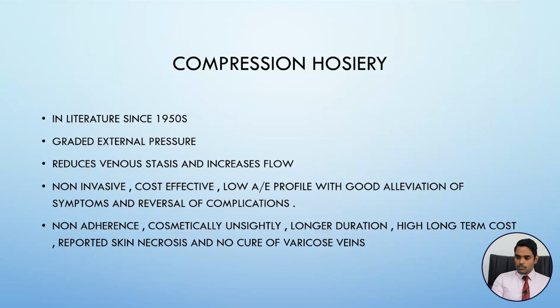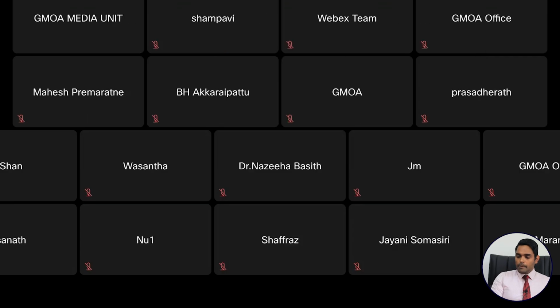I'm sure most of you must have given sclerotherapy for patients, right? So what we do is we inject a small volume of a sclerosant, which is a chemical. We mix it with air. Why do we mix it with air? To increase the effect.